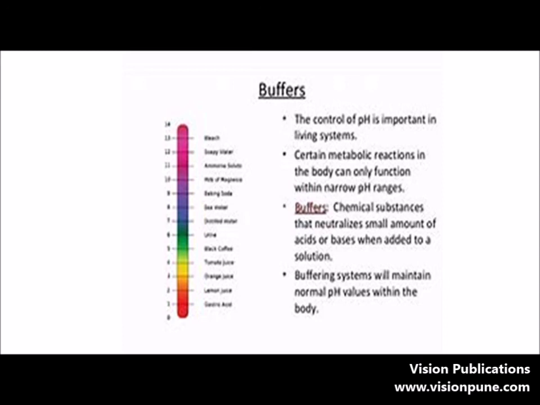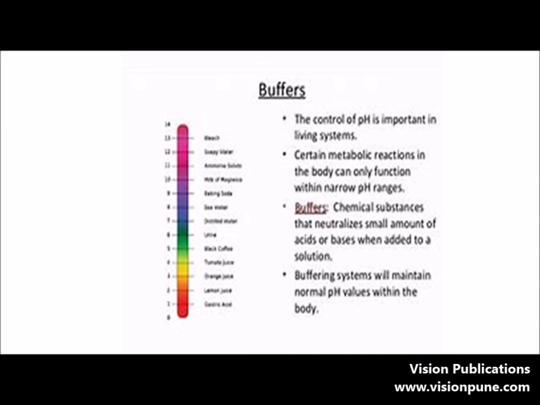So chemical substances neutralize small amounts of acids or bases when added to these systems and maintain the pH ranges of these systems. These buffering systems always maintain the pH values, as a result of which the universe is surviving.